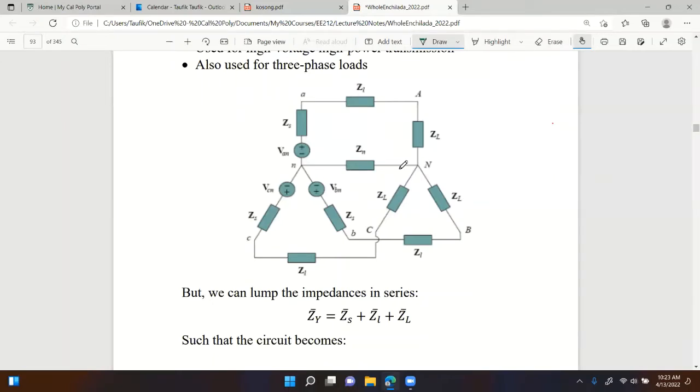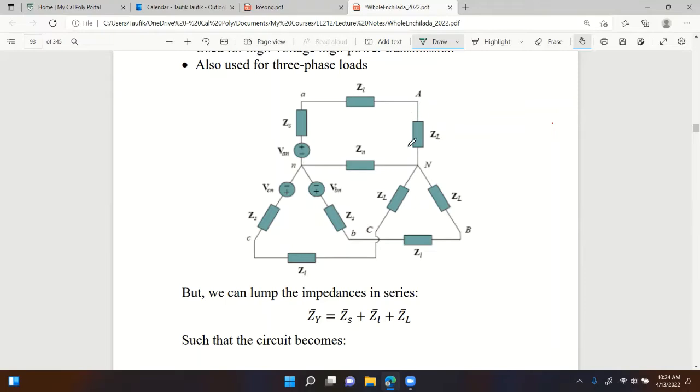Now, keep in mind, even though we have this neutral wire, if we have a balanced system, then what we have is this. First of all, if somebody asks, why do we need this wire? In the real world, we need this wire because we have unbalanced systems.